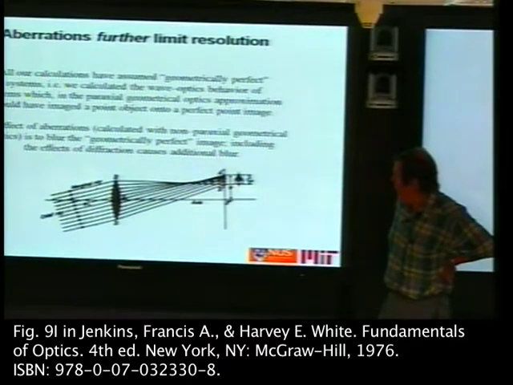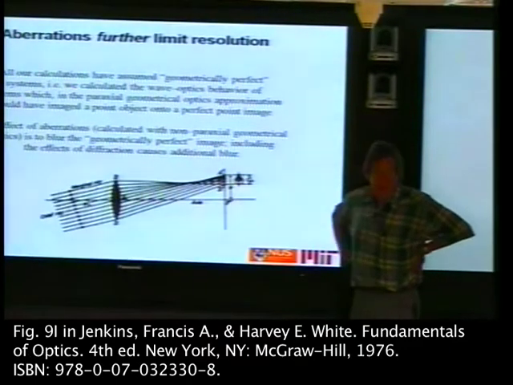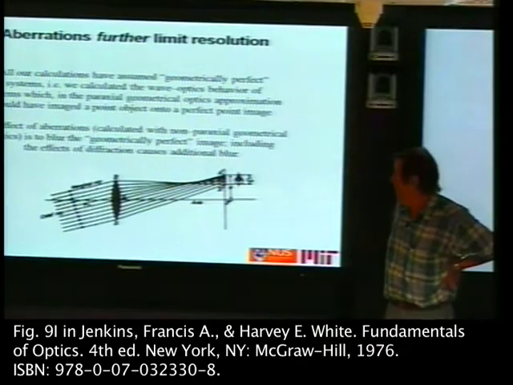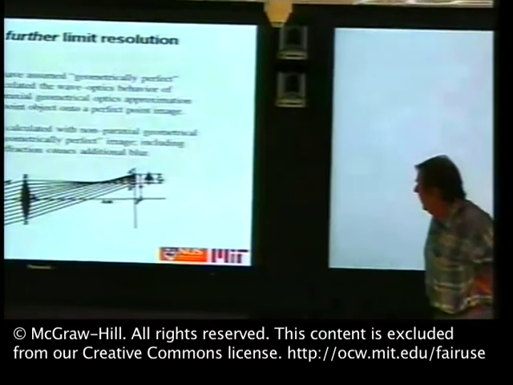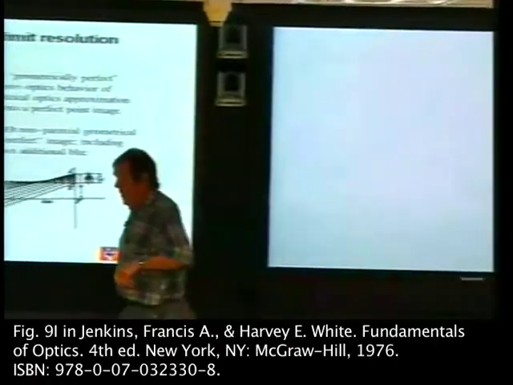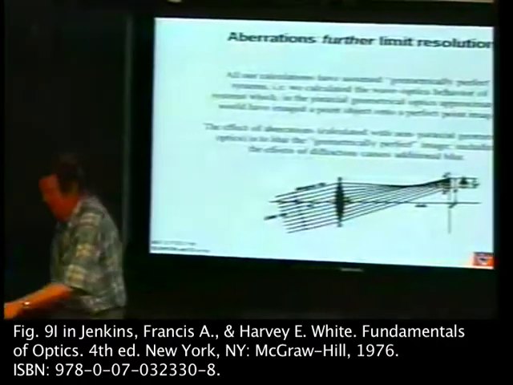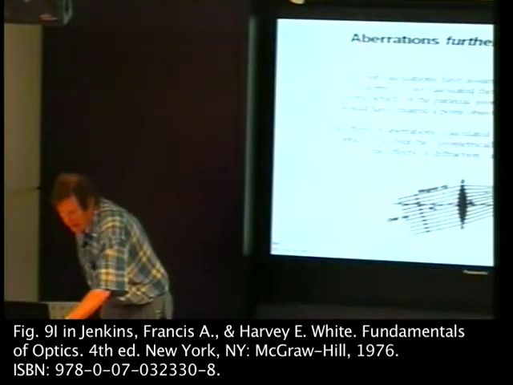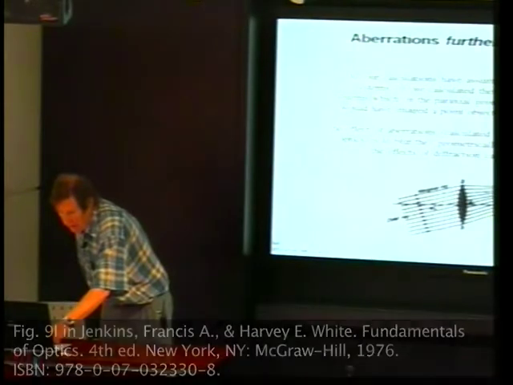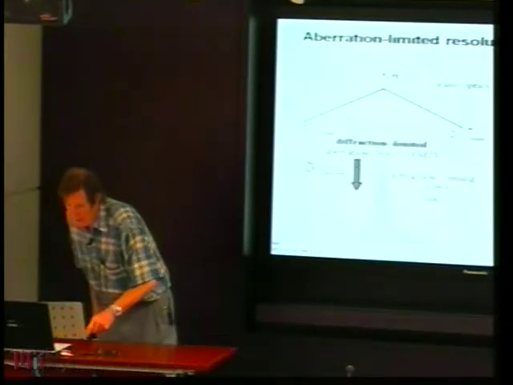Now, of course, this spot is bigger than it would be if there were no aberrations, and therefore you'd expect the resolution to be worse. So this is another thing you have to take into account. I don't think there's going to be much more about that.